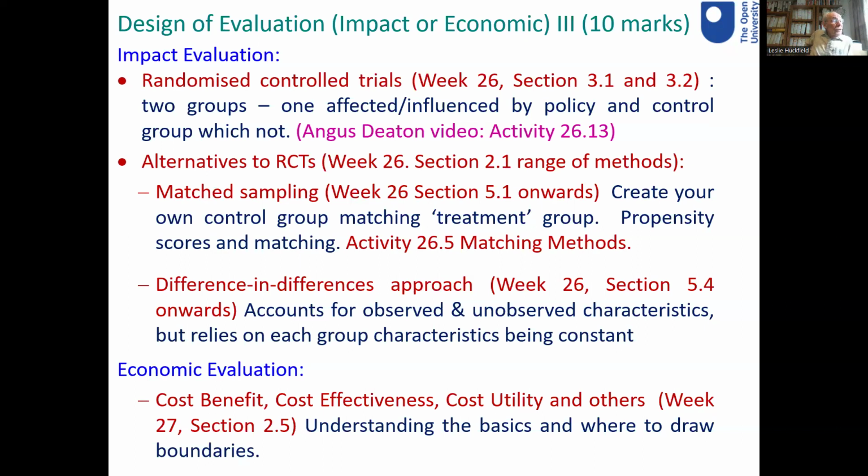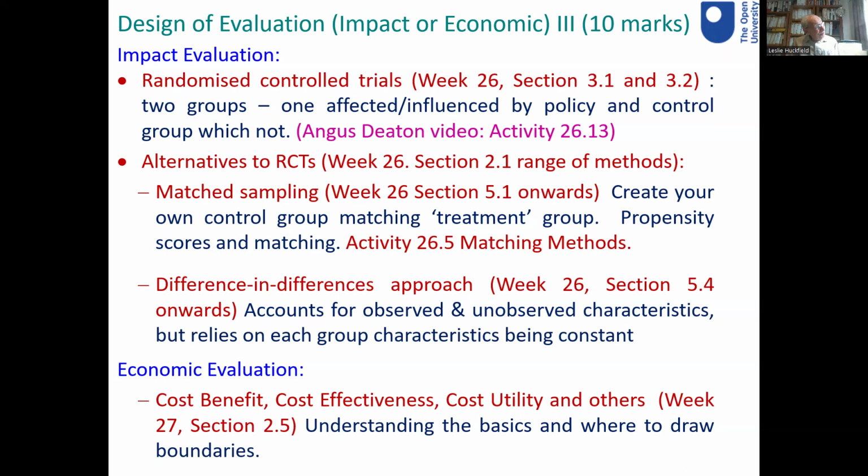Now, another method that you can use if you can't do an RCT is what we call matched sampling. In other words, you choose your own control group, which won't be experimented upon, and then there's a treatment group. Now, what you've got to be trying to do is to make sure that the control group, the group which isn't part of the experiment, matches as much as possible the treatment group, or the examined or researched group.